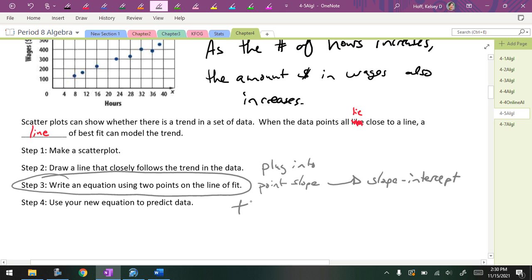I'm going to tell you right now, round your slope to the nearest hundredth. Hundredth is how many decimal places? 2. If it's not a whole number, go 2 numbers after the decimal. So are decimals going to be acceptable today in Miss Hoff's world? Yes, because it's an approximation. All right?